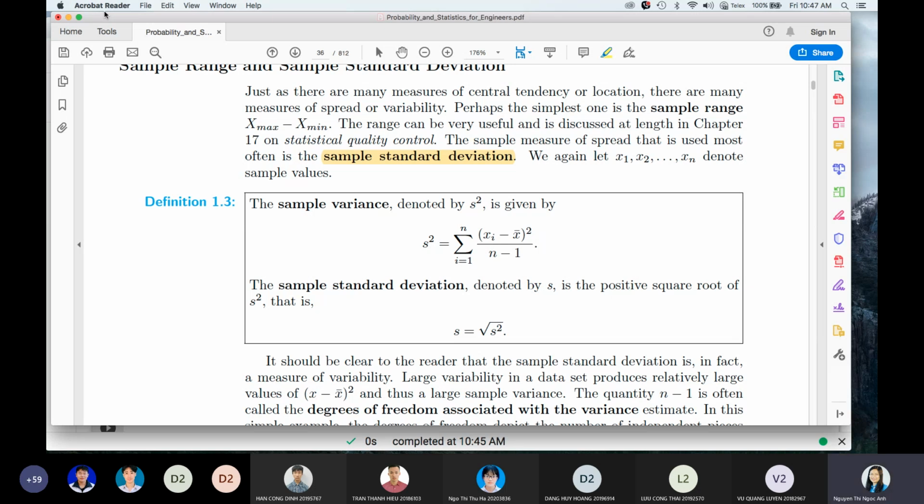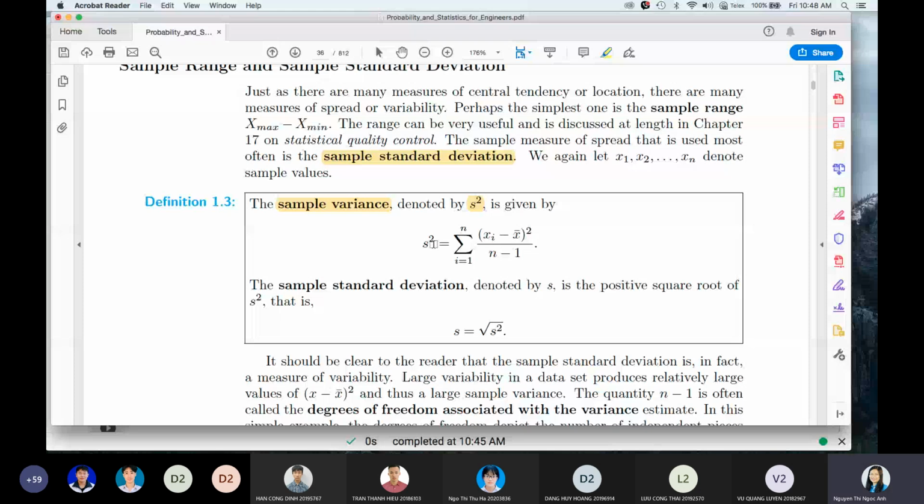It's denoted by small s squared. It's given as s squared equals the sum of (xi minus x mean) squared, where x bar is the x mean, over n minus 1. Here you have a notice.